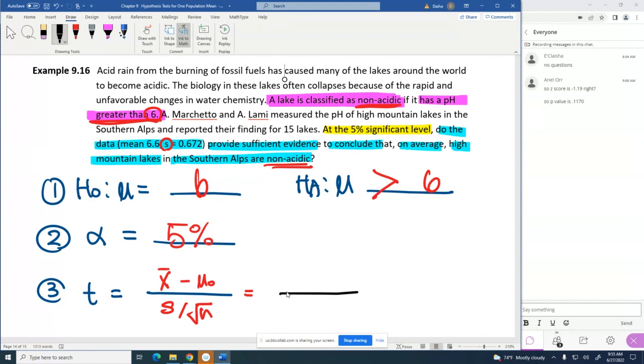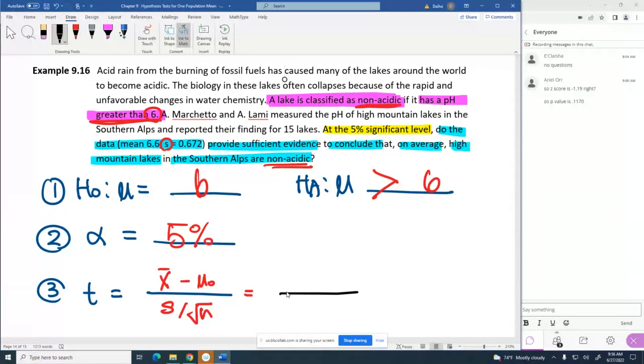Any example that gives you S, you have to take the t-score. Any example with sigma, you use Z. For the confidence interval or hypothesis testing, it doesn't matter. Sigma will be Z. S will be T. Very simple.